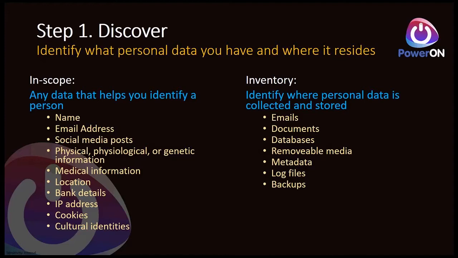So, for example, messaging for your email, documents, databases, log files, removable media. This needs to be defined, and also identifying who has access to these data. So this could be in the cloud or on premises.